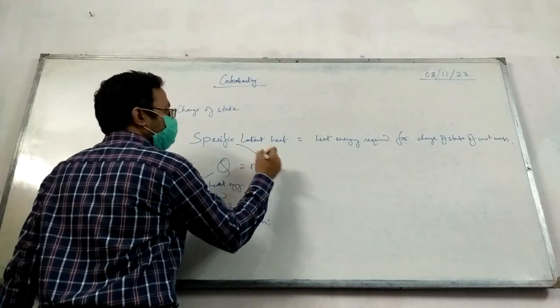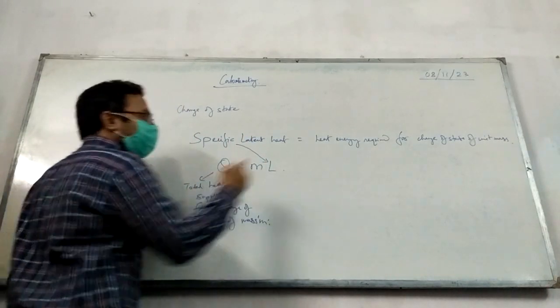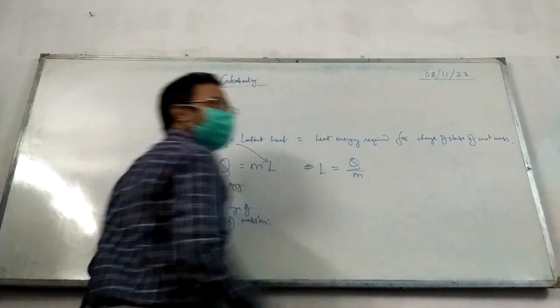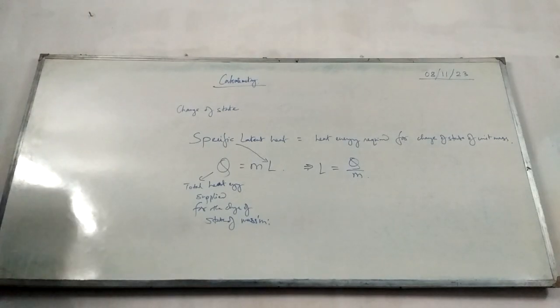Okay? So specific latent heat is defined as Q by M, the heat energy required per unit mass. Okay?